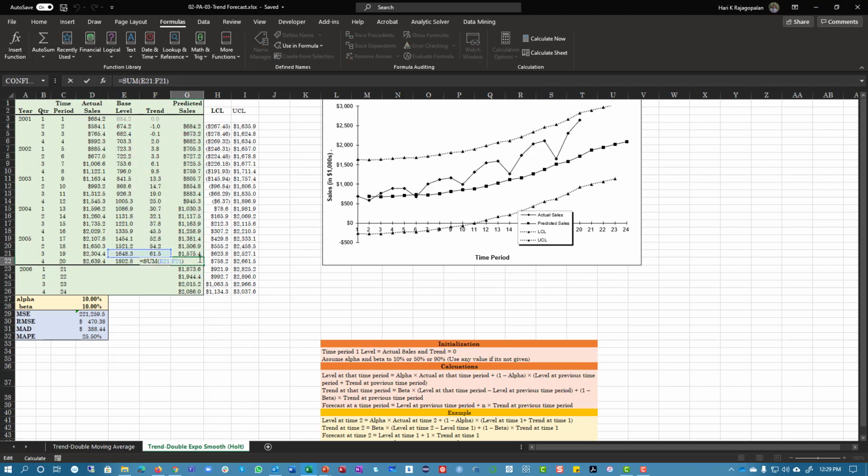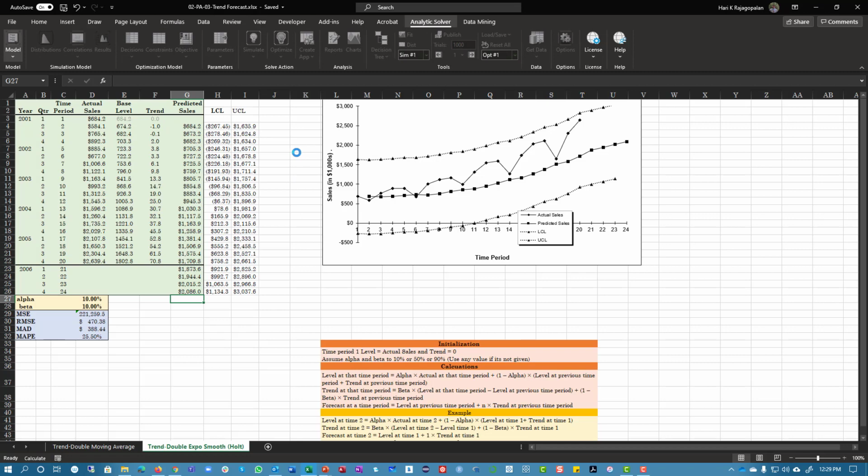Once you get to this spot, you'll have to change the formulas because you're going to use the level and trend of time period 20, and as you copy it down, you have to multiply trend by 2 or 3 or 4.